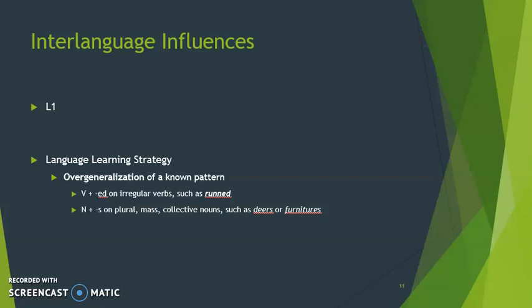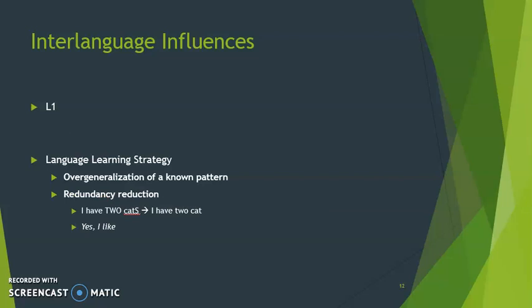For instance, the past tense marker on verbs might get put on a verb that normally would not be heard with that past tense marker, like run. And the same thing might happen with the plural marker of nouns in English. You might see children or learners of English say things like dears or furnitures or homeworks, and that's overgeneralization.